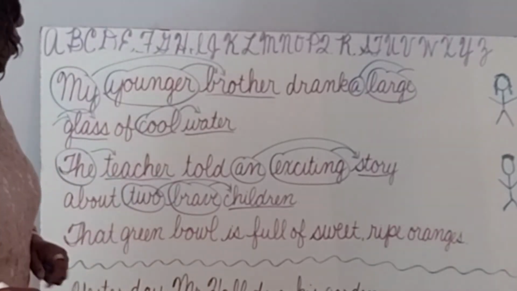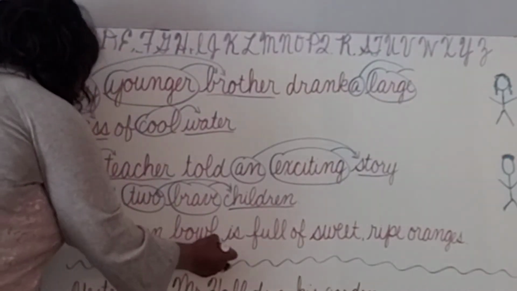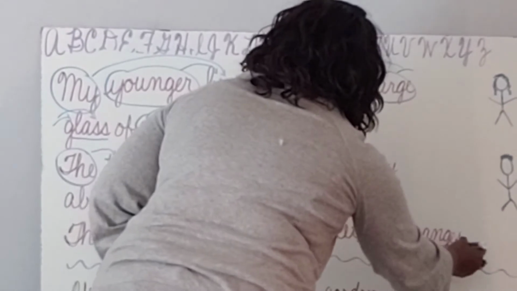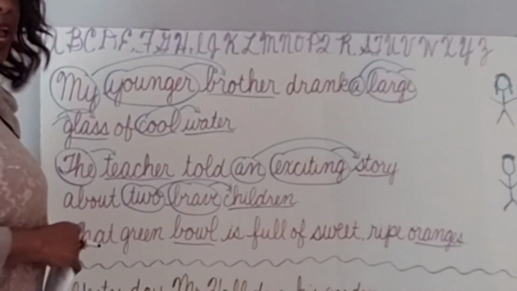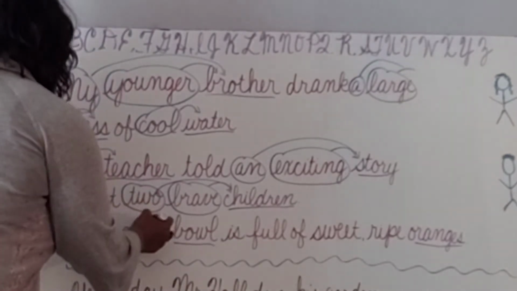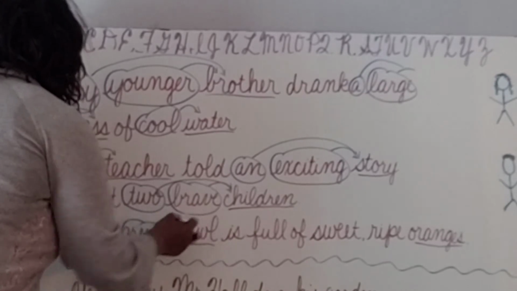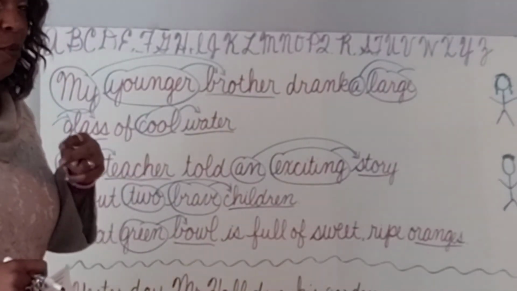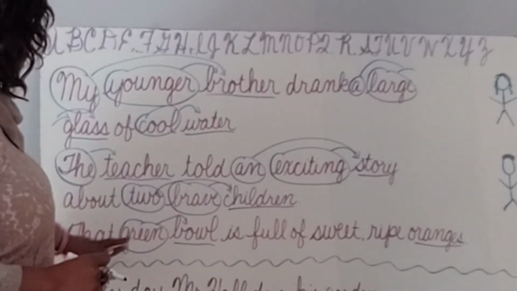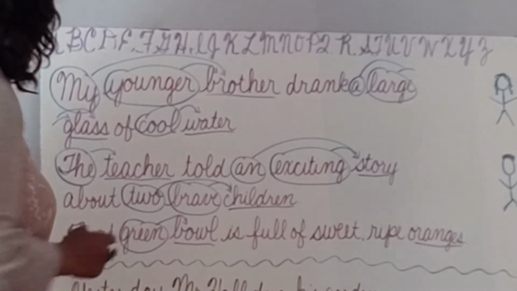That green bowl is full of sweet, ripe oranges. Bowl and oranges are our nouns. What describes bowl? What kind of bowl? Which one actually? Because it could be the green one, it could be the blue one, it could be the gray one, it could be the white one. Which one? The green bowl. And then which one again?